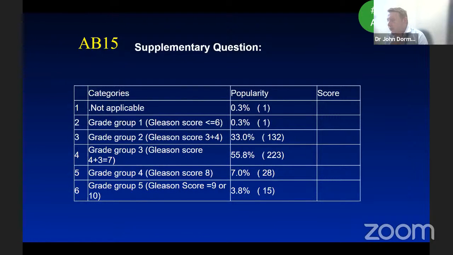And then moving on to the supplementary question with Gleason grading. So the majority of us have gone for 4+3, although we're kind of in agreement that there was Gleason pattern 4. It's whether there was more 3 than 4 or more 4 than 3, if you take those two together. A fully kind of Gleason 4+4, with probably the outliers being Gleason grade group 5 and Gleason grade group 1.